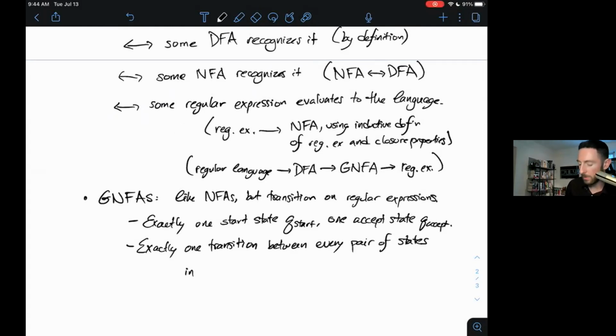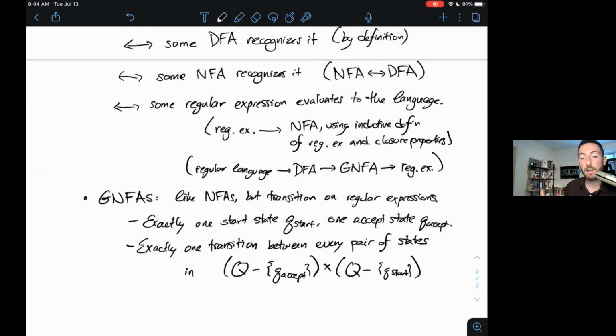in, well, I'll write it in symbols actually, because it'll be good review. In the domain Q set minus Q accept, Cartesian product, or cross Q set minus Q start.